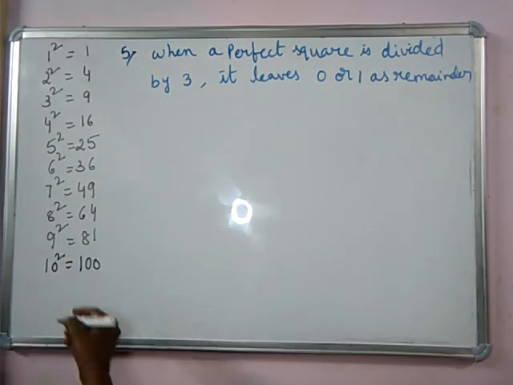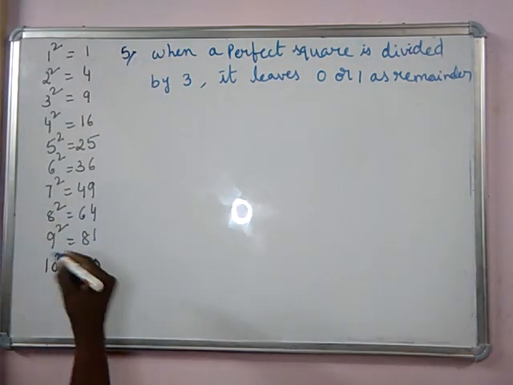Any perfect square you take and divide by 3, you will get 0 or 1 as remainder.